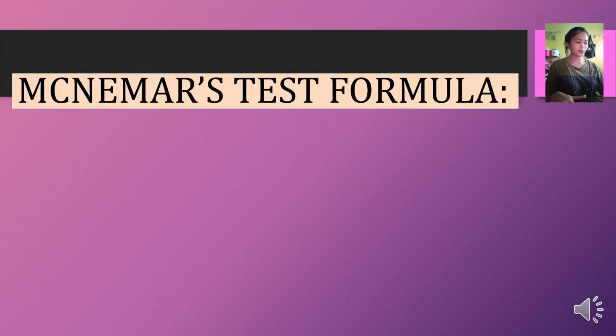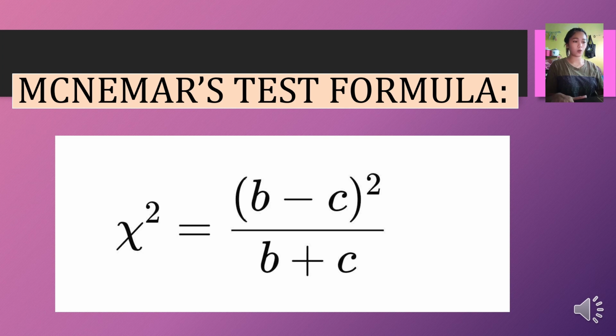This is the formula: X squared equals B minus C squared over B plus C. In our contingency table, the only values in the formula are B and C, so the only data we will use are B and C. B is before pass and after fail, and C is before fail and after pass.